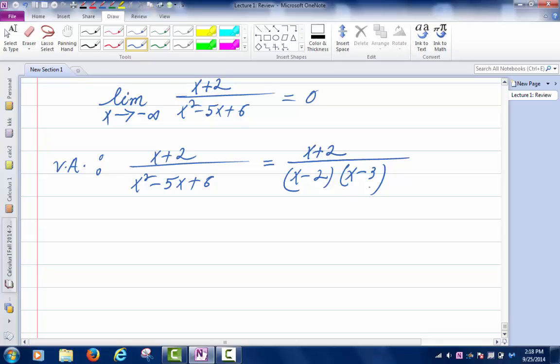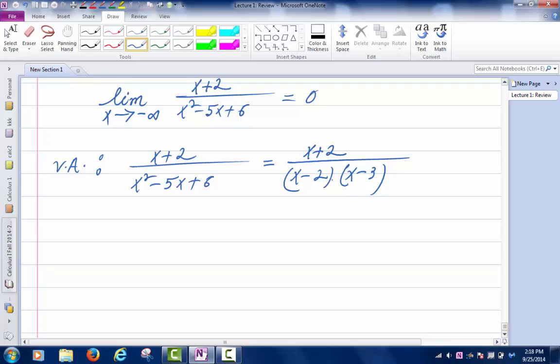So what are they? Well, notice that at 2, when x goes to 2 from the right, for example, what's happening? The denominator goes to 0, the numerator goes to a non-zero number, right? So what did I say? When the numerator has non-zero limit and the denominator has limit 0, the ratio will have limit plus or minus infinity. In this case, I don't have to worry about whether it's plus or minus, because either way I have a vertical asymptote.